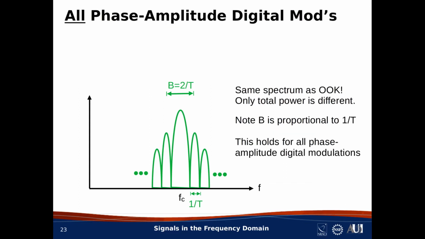In fact, now we know that this result applies to all digital modulations for which either phase or amplitude is used to send information, and phase and amplitude remain fixed over the symbol period. So this is what you also see for QPSK, and also what you see for QAM with any number of symbols. All that matters for such modulations is the symbol period.